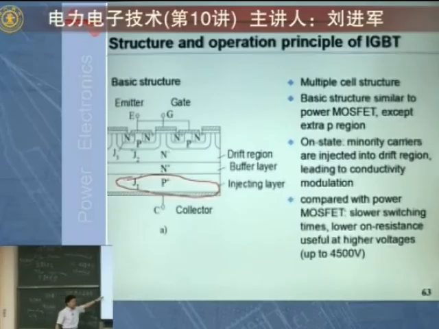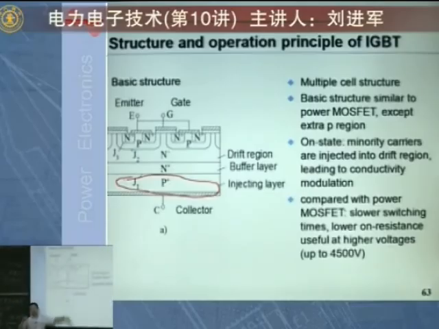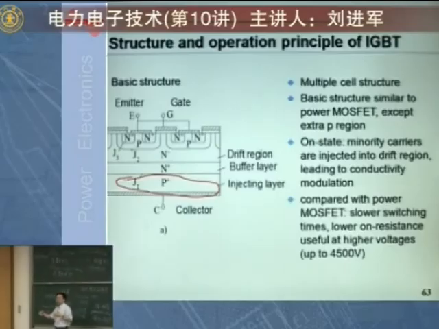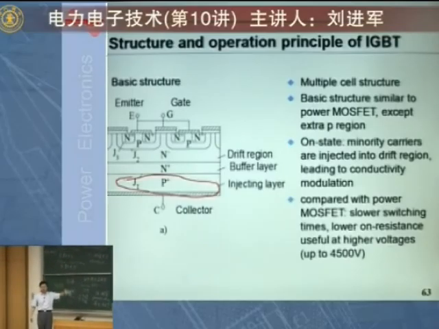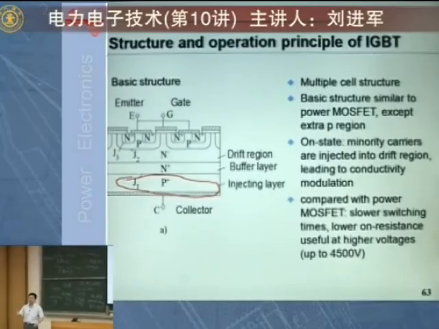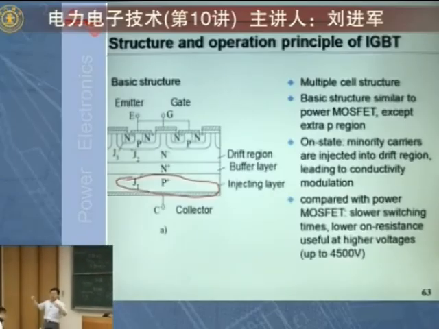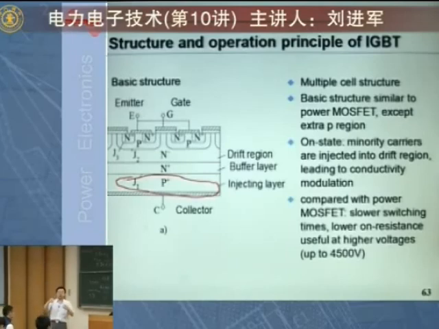Because of this P plus injecting layer, when you are applying positive voltage, when this device is forward biased, this P layer will be injecting a lot of carriers into the N- region.